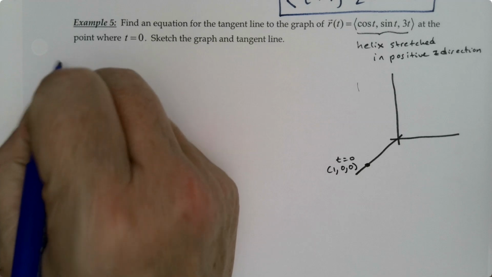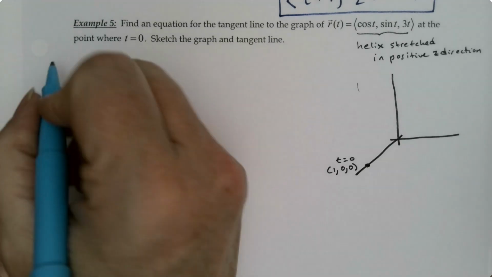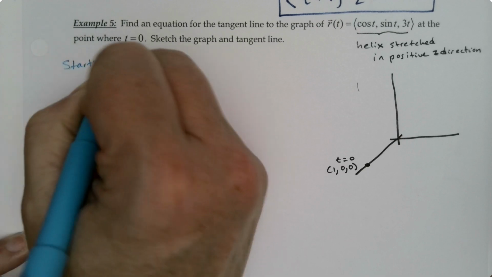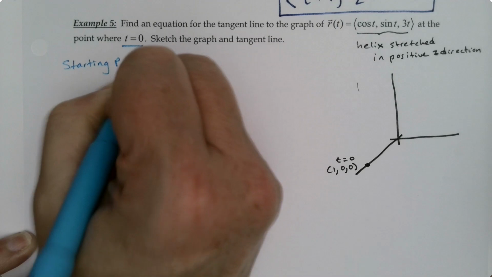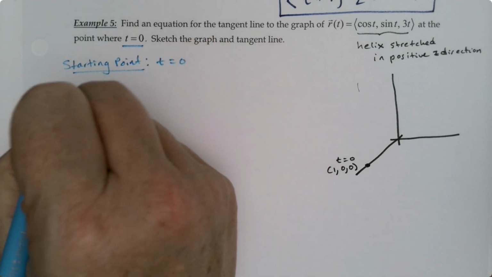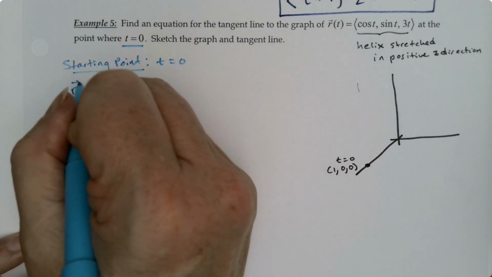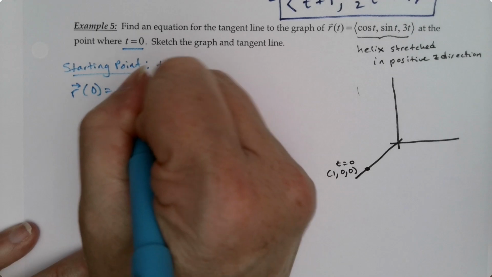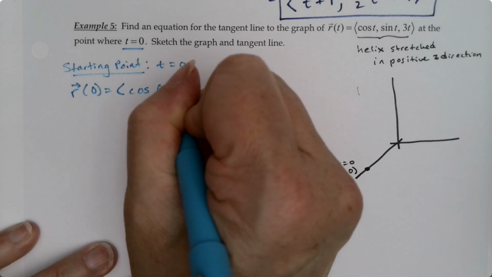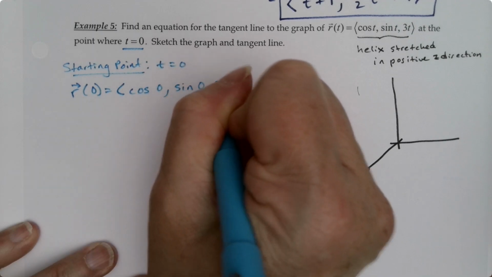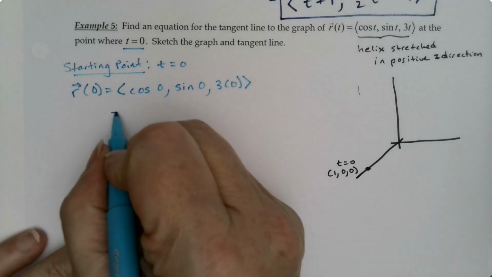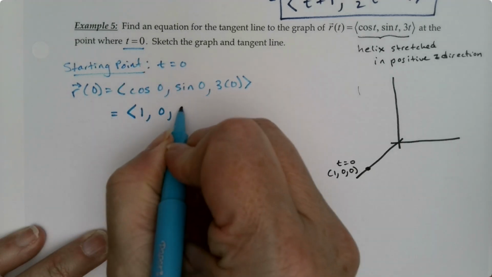So the starting point, which is actually the point we're interested in, is at t equals 0, and we would put 0 into that vector valued function. So we'd have the cosine of 0, the sine of 0, 3 times 0. And that would get me 1, 0, 0.